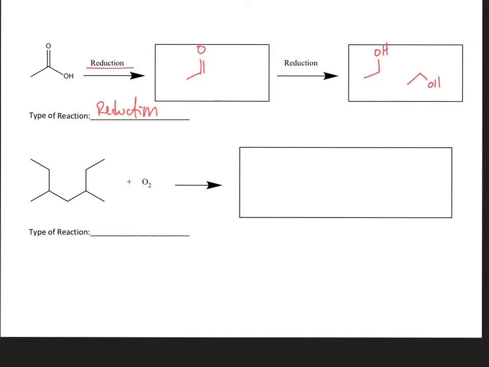Next we come to this reaction. It looks like an alien is trying to land. But in truth, what this is, we're combining some type of carbon hydrogen species with oxygen gas. Well, if you remember, that's just a combustion reaction.